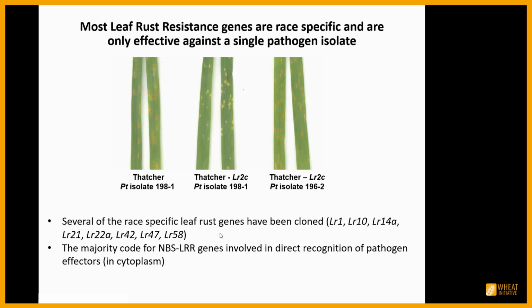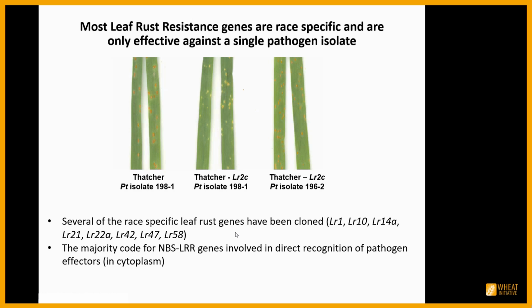I'll show a little bit of this background because not everybody works on rust diseases. A number of leaf rust resistance genes have been cloned, and the majority code for the classical NBS-LRR genes that are most likely involved in direct recognition of pathogen effectors in the cytoplasm.